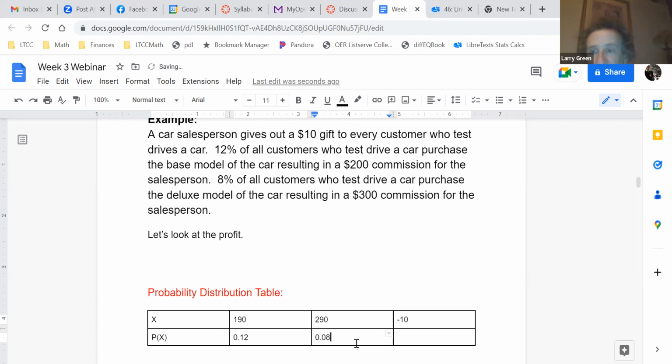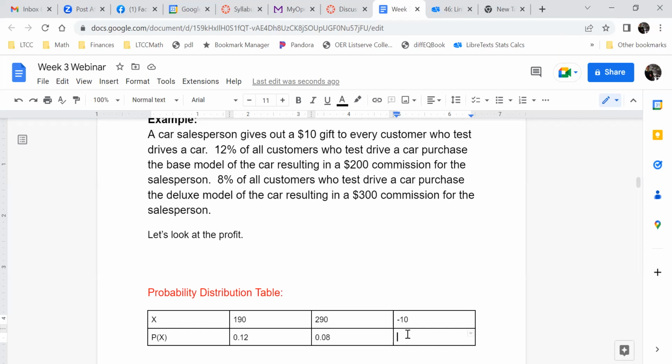Any questions on that? What's the probability of the loss of $10, of this negative profit? And this is very important in terms of something that we had in the last chapter. 80%. 0.8. Right. It's going to be 80%, but let me walk you through the steps in case you didn't immediately see it.